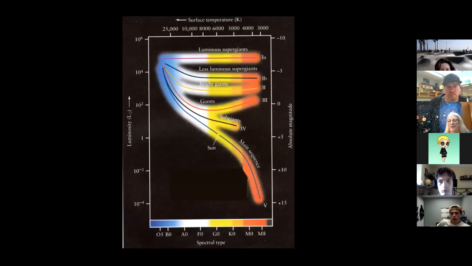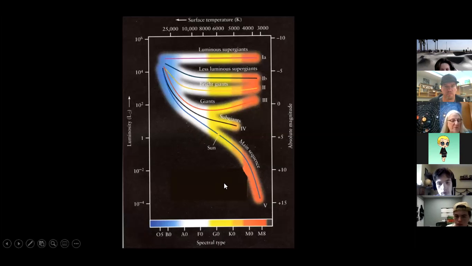So this is something called the HR diagram. If we look at a whole bunch of stars and look at their temperature or their color against how bright they are, most stars will fall along this sinuous line here called the main sequence.